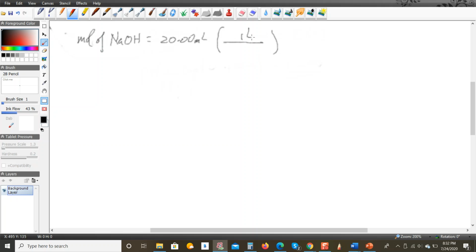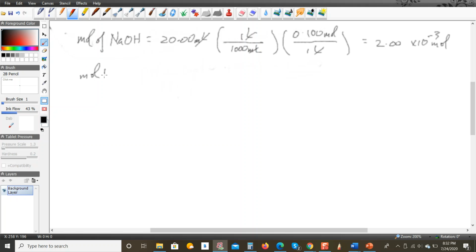So we're going to have 1 liter over 1,000 mL, and that would be multiplied by the molarity, which is 0.100 mole for every 1 liter. And the reason why I set this up is so that you can see how the units will cancel out. So when I did this calculation, the answer I got is 2.00 times 10 to the minus 3 moles. So that would be the moles of sodium hydroxide.